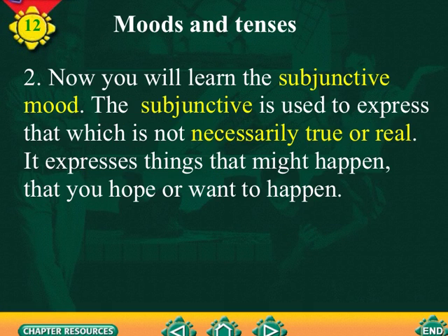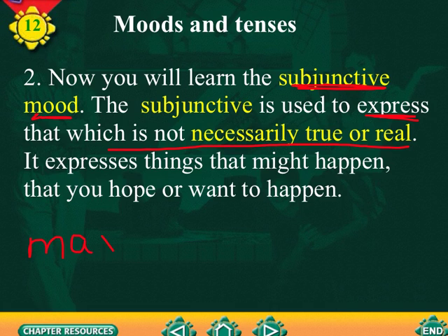Now let's take a look at another mood. This is the focus of the lesson here. And that mood is called the subjunctive. And the subjunctive is used to express that which is not necessarily true or real. I like to call it the mood of what may be. The mood of what may be.